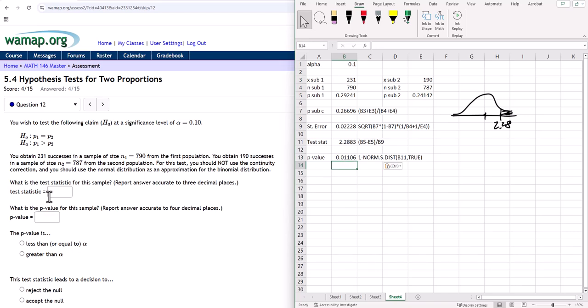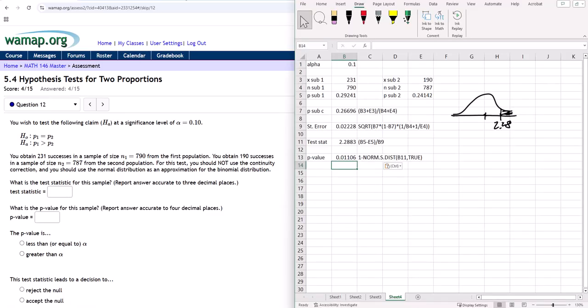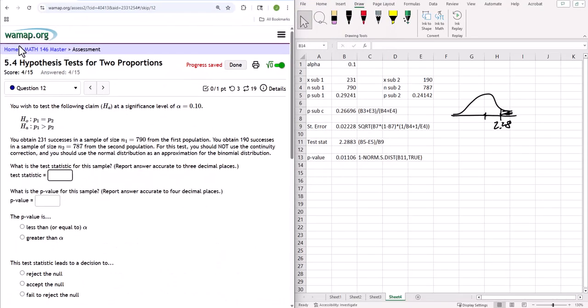All right, so entering in our answers. Okay, guess we didn't share this guy here. There it is. Now that'll work a little bit better. 2.288, and it's followed by a 3. Our p-value is 0.011, and then a 0, which is followed by a 6, so that would round up.